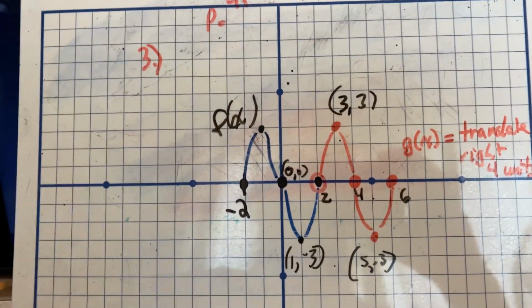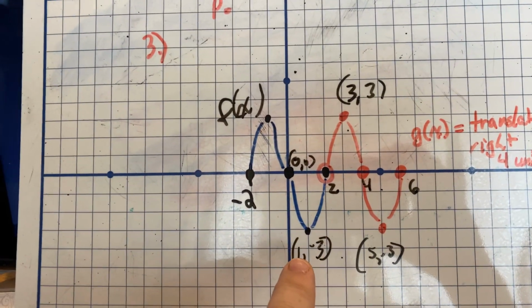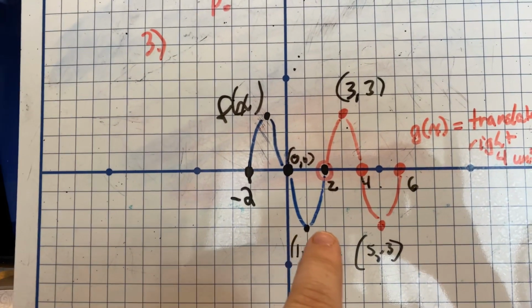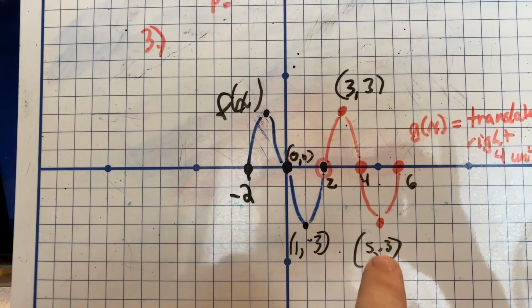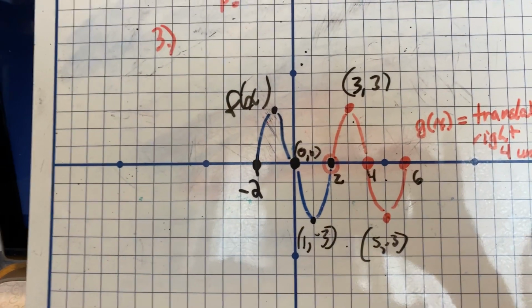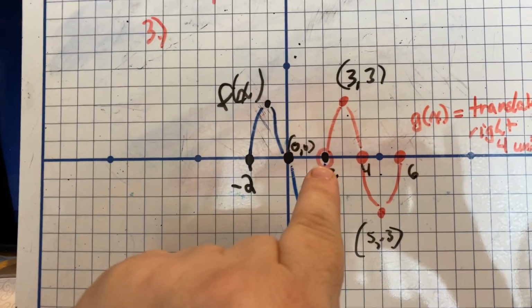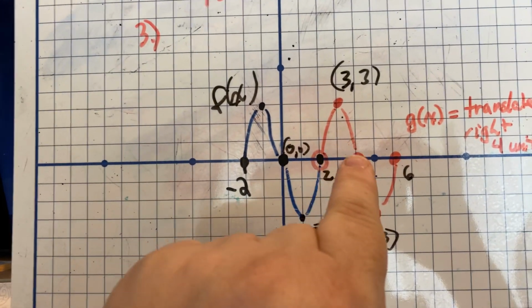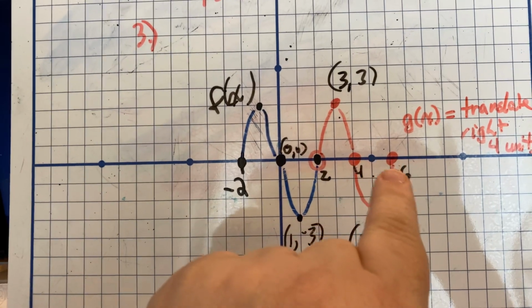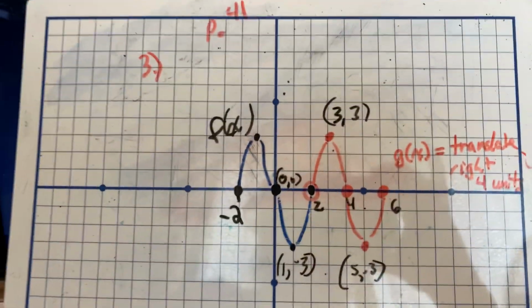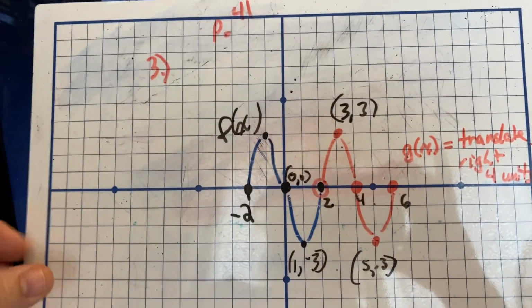This one, -1, -3, goes to the right 4 blocks and becomes 5, -3. And lastly, our endpoint, when x is 2, y is 0, moves to the right 4 blocks, so the new point is 6, 0.